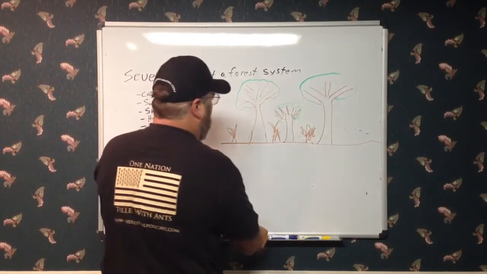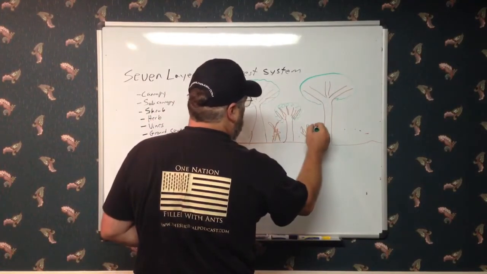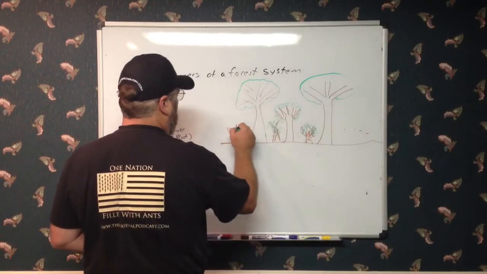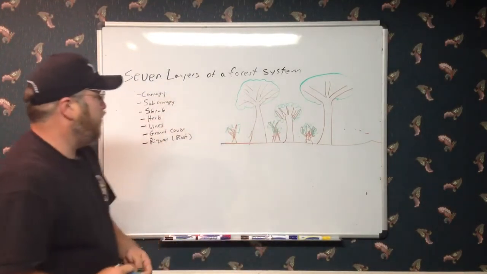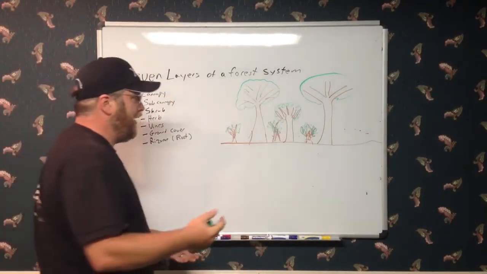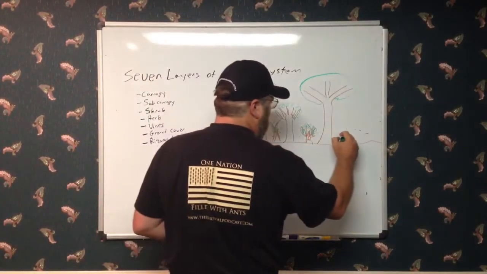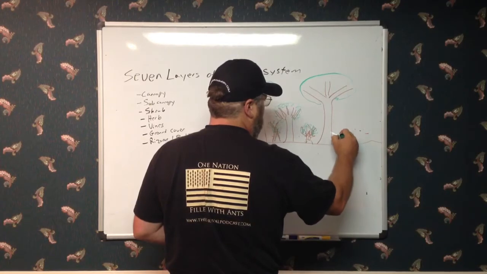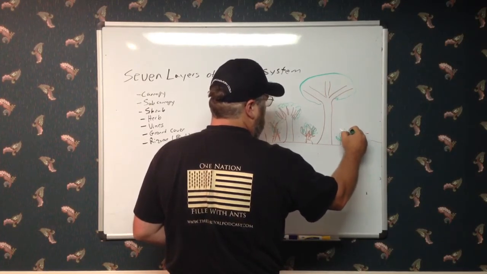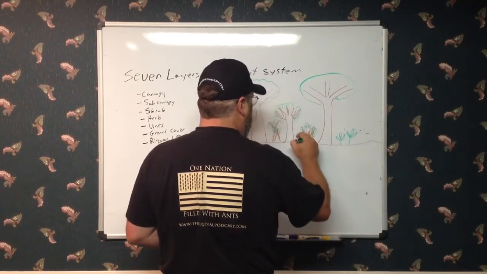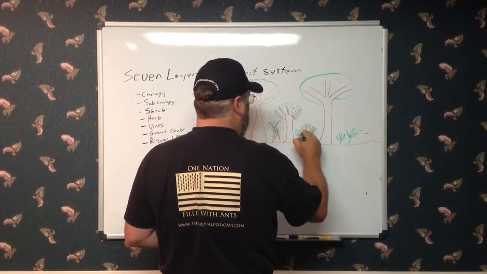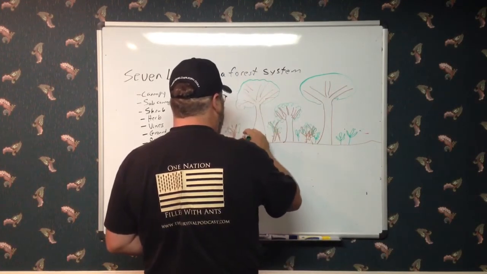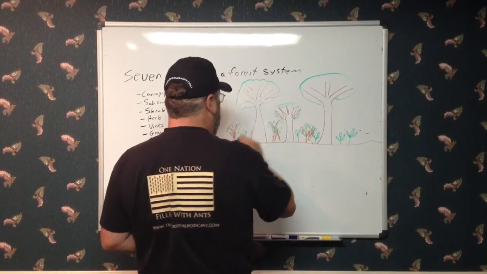So we've got some shrubs growing in between. But there's still more space. So again, nature being nature, we'll start putting up maybe some herbaceous plants right in amongst everything. It'll start to fill everything in. Okay.